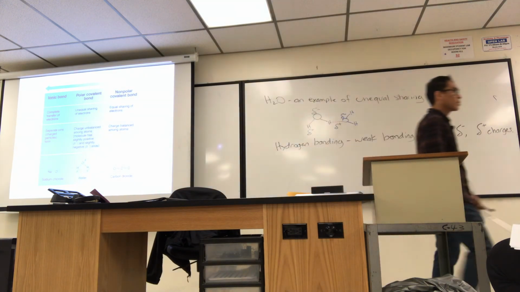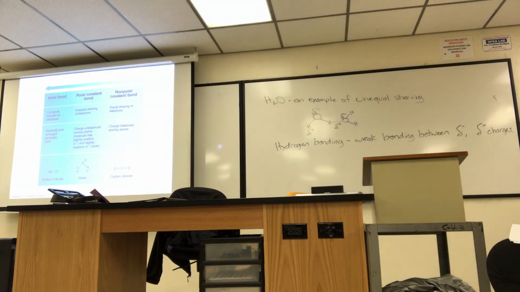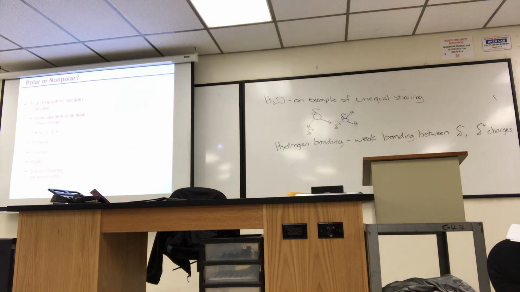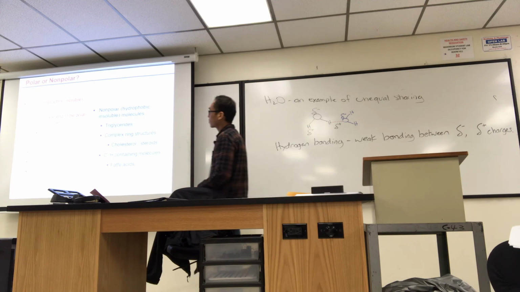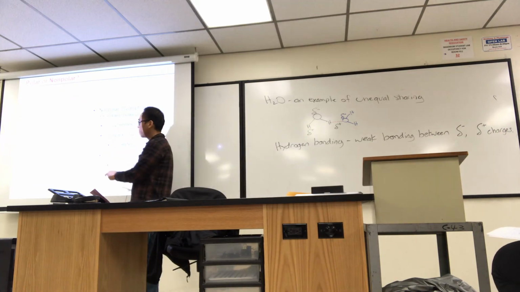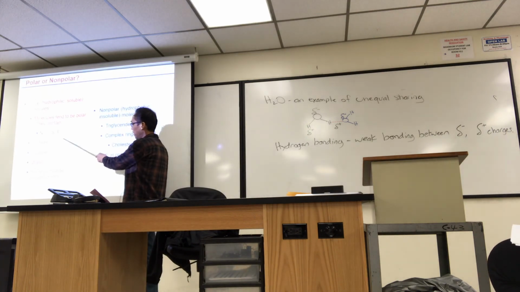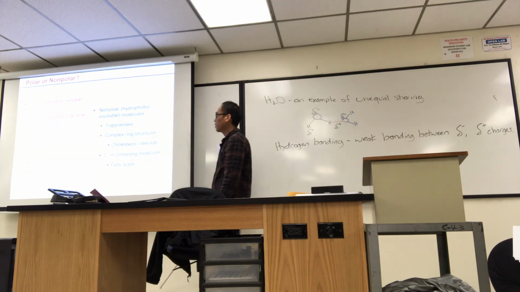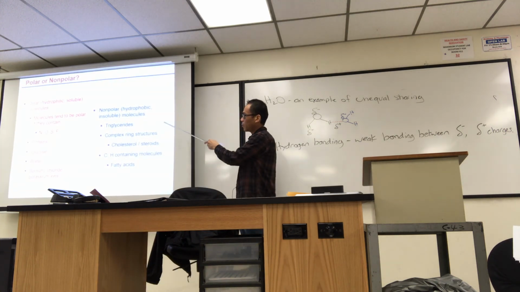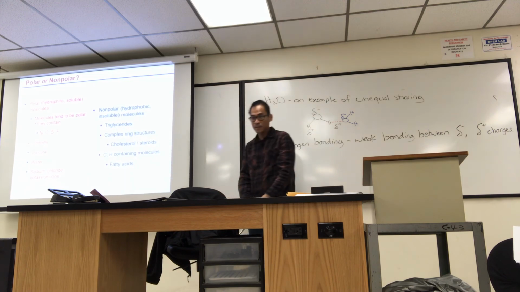And I put some other examples on the next slide, asking you if it's polar or non-polar. Molecules tend to be polar if they have these elements. All of these are examples of molecules in biology that are polar, and a lot of the lipids that we talked about today tend to be non-polar.